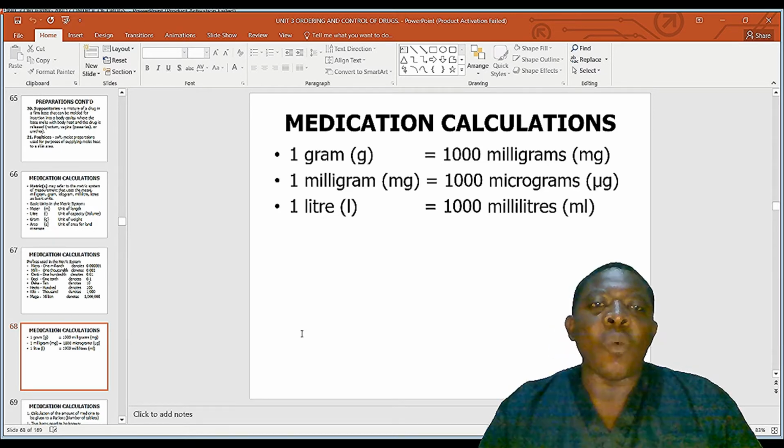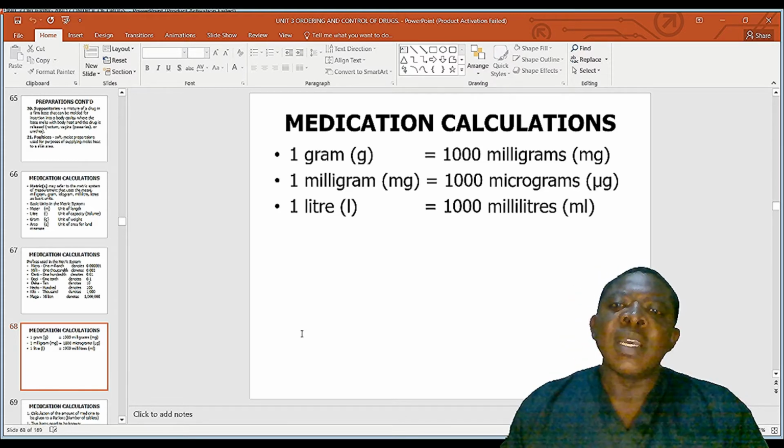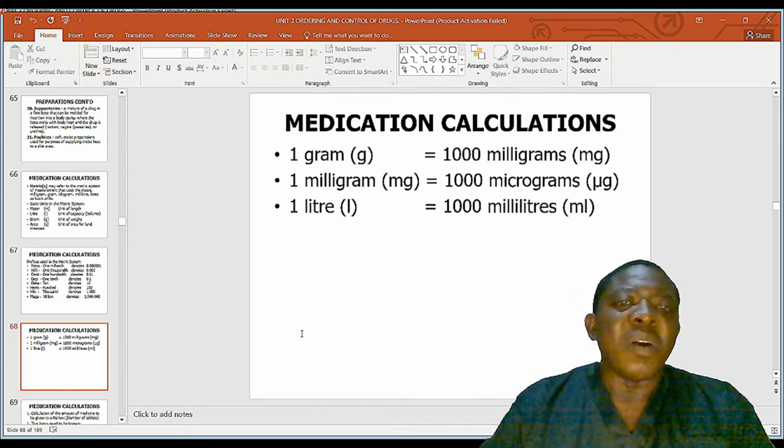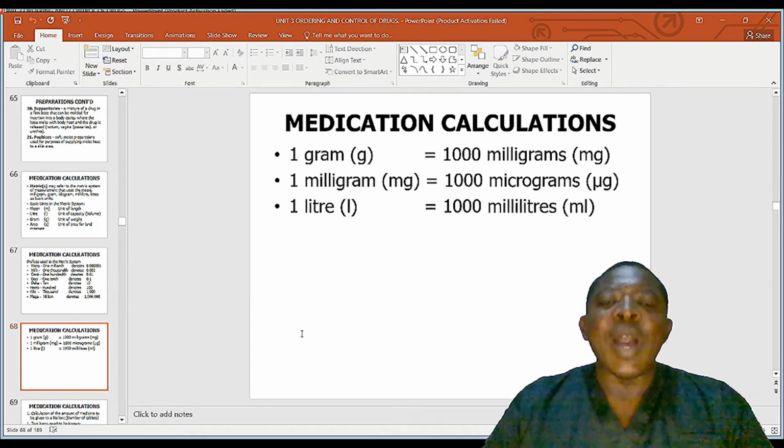Then 1 liter is equal to 1,000 milliliters. It's also important to note that 1 liter of water is going to be 1 kg.